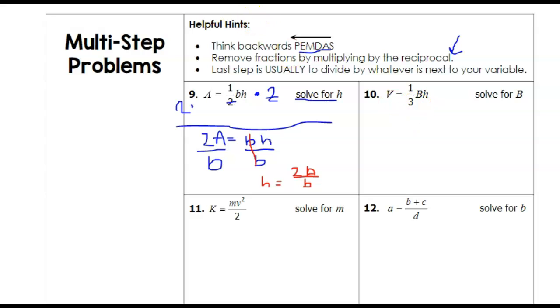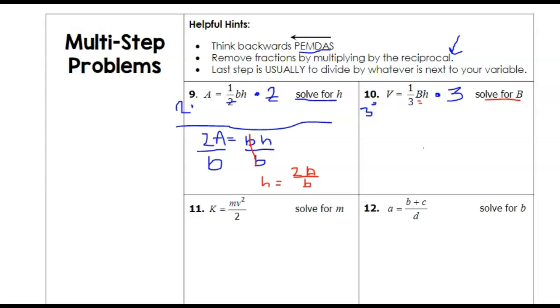Number 10, guys, it says solve for b. Again, let's get rid of our fraction. B is being multiplied by a 1/3. So, guys, let's do the inverse of that. Let's go ahead and multiply both sides by the denominator 3. Does everybody see that?